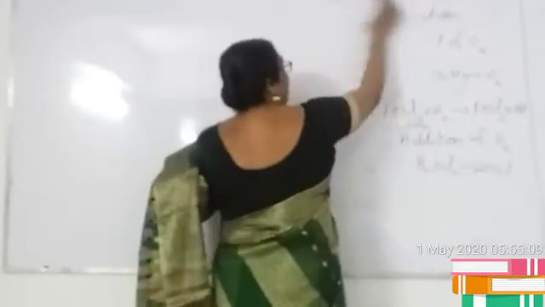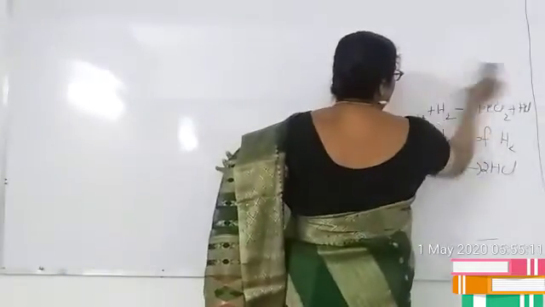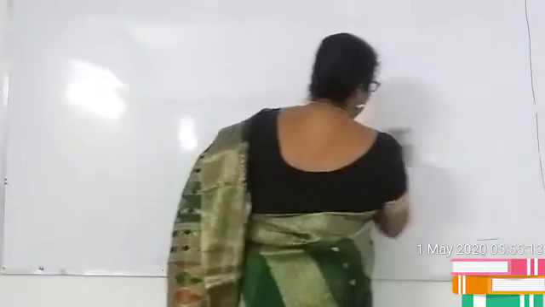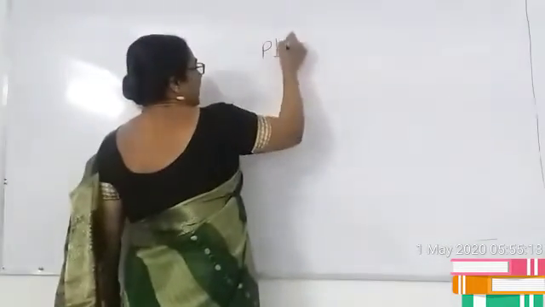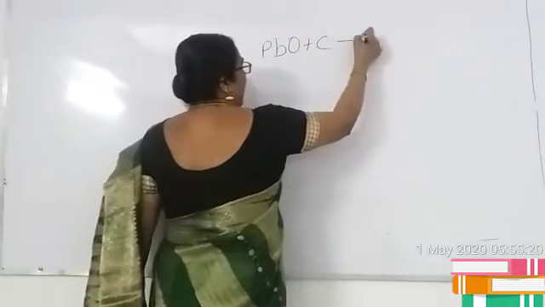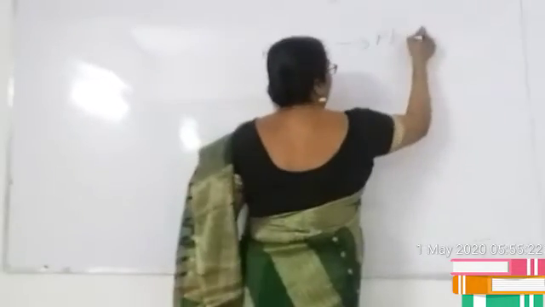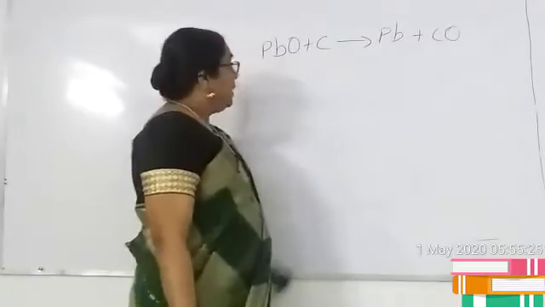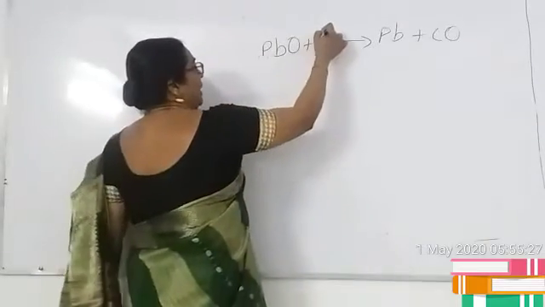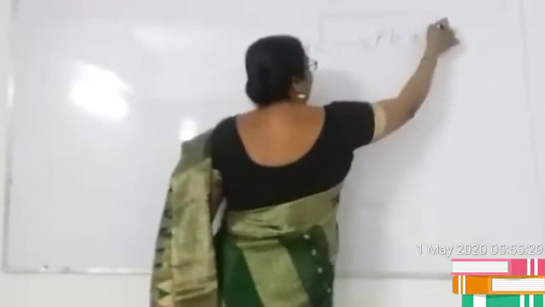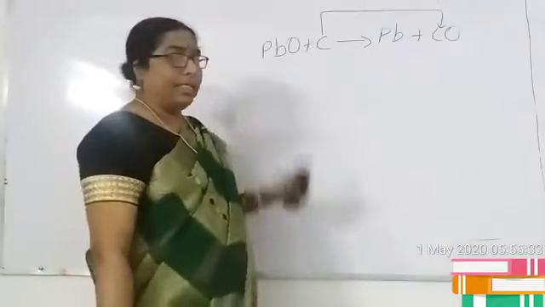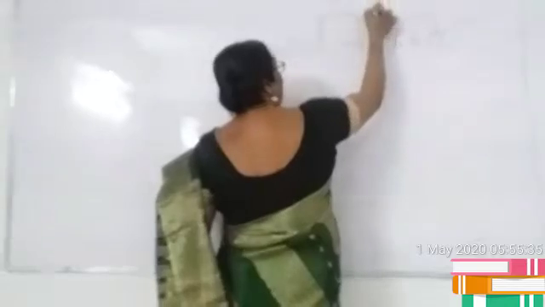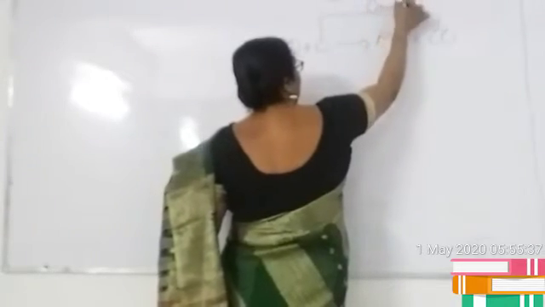So we have studied oxidation and reduction in terms of hydrogen as well as oxygen. Now for example, lead oxide combines with carbon and produces lead and carbon monoxide. Here carbon converts to carbon monoxide, which involves addition of oxygen, so it is an oxidation process.